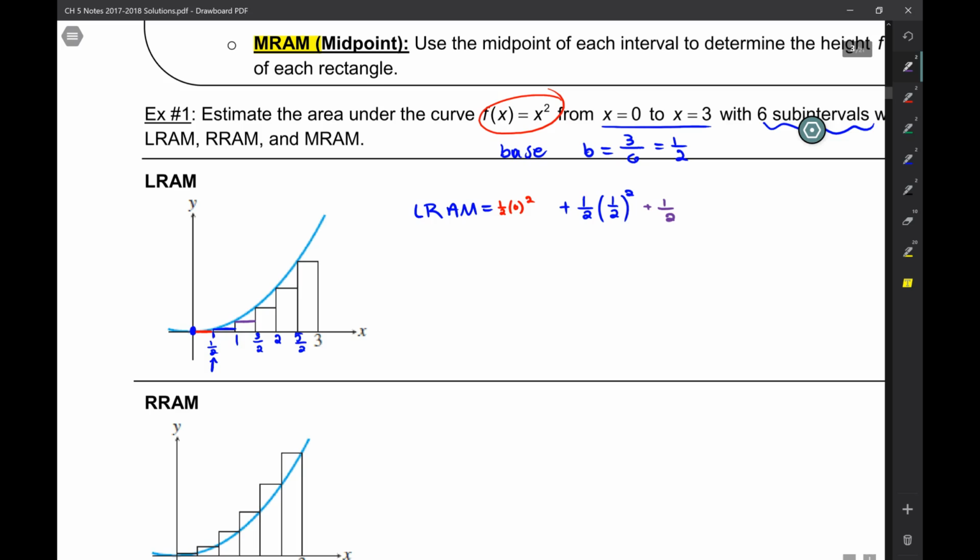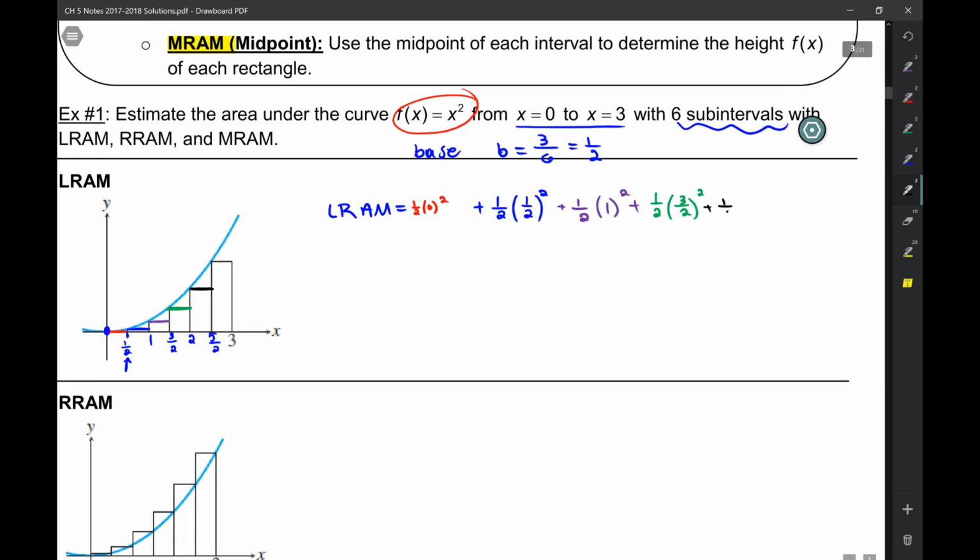And then the height is going to be the left end point, 1 squared, plus now the green one, the base is 1/2 times 3 over 2 squared. And then I'll do this one in black. 1/2 times 2 squared. And then the last one, 1/2 times 5 over 2 squared.